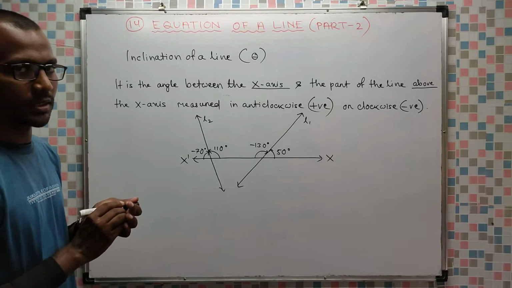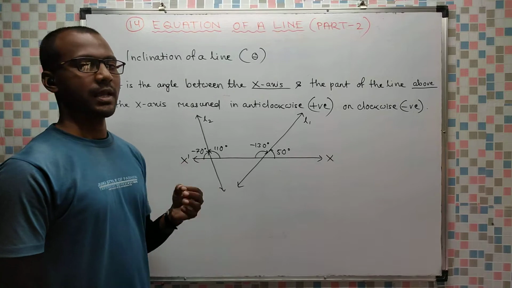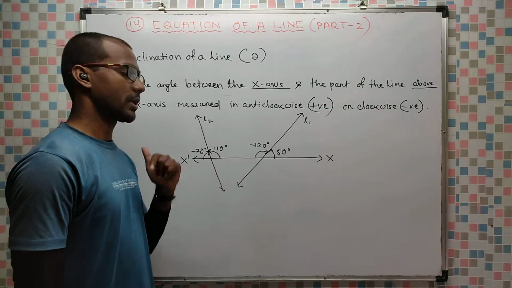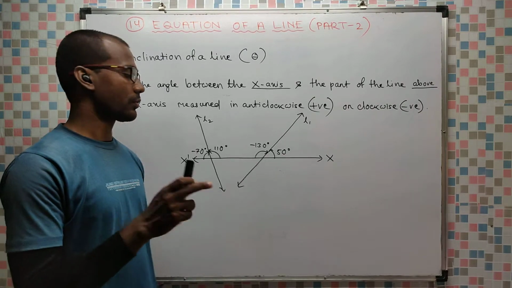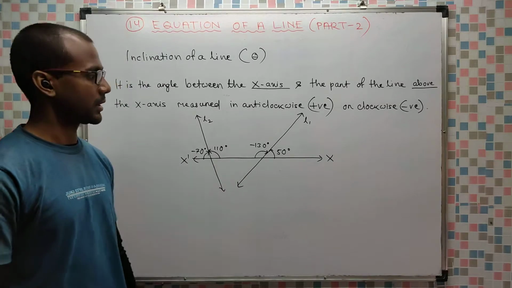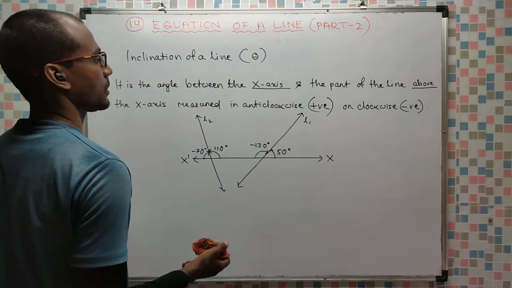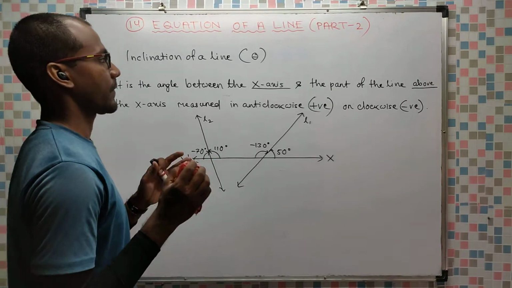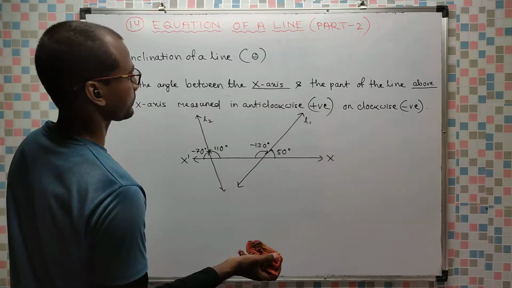You have to clearly mention the sign. So either you can say the angle of inclination of the line L2 is 110 degree or minus 70 degree. Don't forget to put the minus sign, if you are measuring in clockwise direction. Ready? So this is called angle of inclination. So now let us find the angle of inclination of some specific lines. Ready?